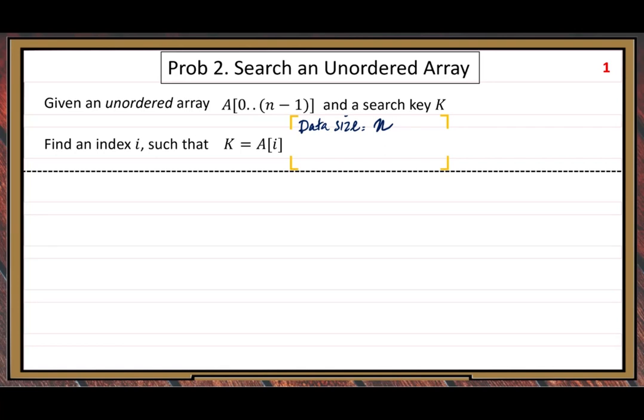So this problem belongs to the search type. For this class, we will learn 3 basic problem types. The first one is this search type. The second one, sort type. The third one, selection type.